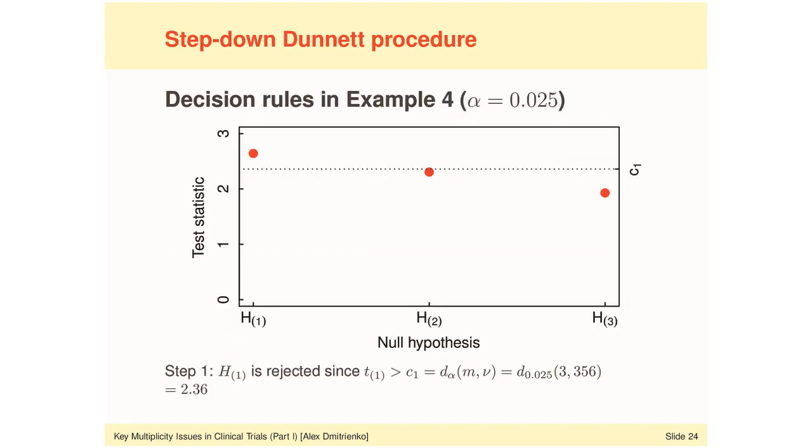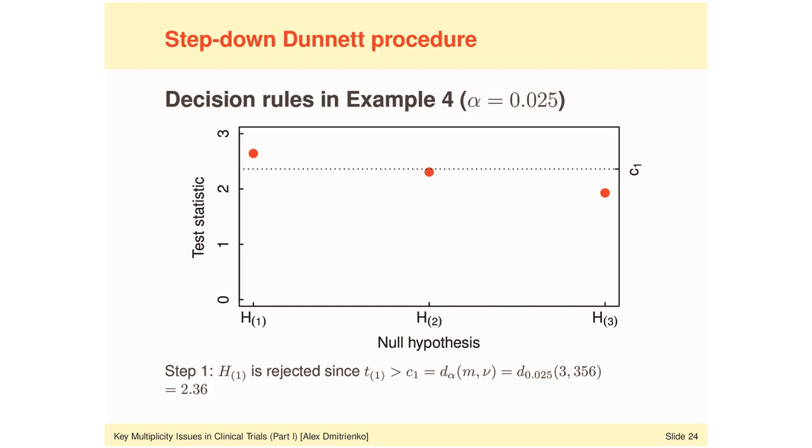When we apply the step-down Dunnett procedure, we will need to go through a series of steps because this is not a single-step procedure anymore. Step number 1, the step-down Dunnett procedure begins with the first hypothesis in the sequence. That's the hypothesis corresponding to the most significant test statistic. You can see here that the adjusted critical value, C1, is exactly the same value that we derived when we talked about the single-step Dunnett procedure.